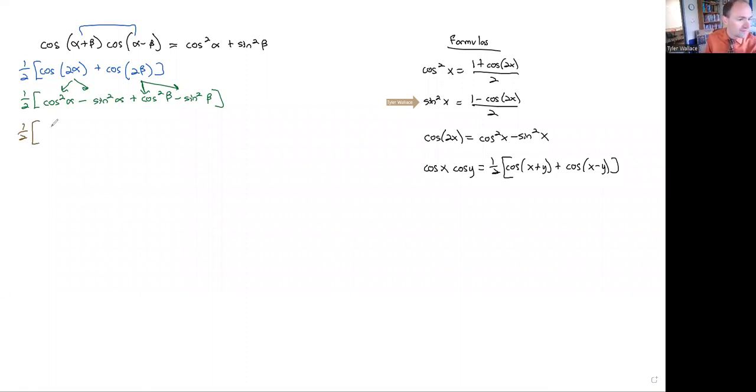And now we have 1/2 times 1 plus the cosine of 2 alpha over 2, minus the sine squared, which is 1 minus cosine of 2 alpha over 2, plus the cosine squared, which becomes 1 plus the cosine of 2 beta over 2, minus sine squared, which is 1 minus cosine of 2 beta over 2.